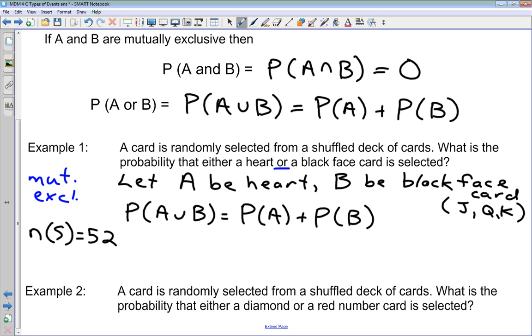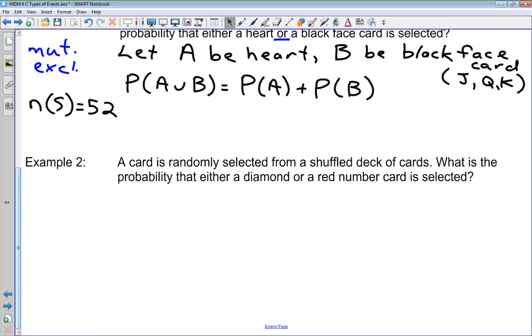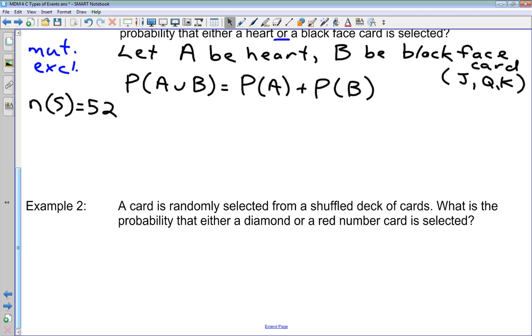There are 52 possible cards that we can draw here. So for our probability of A, we want the number of ways that we can pick a heart out of these 52. Well, there are 13 hearts in our deck, so 13 over 52.